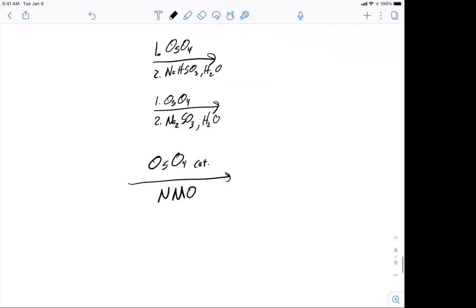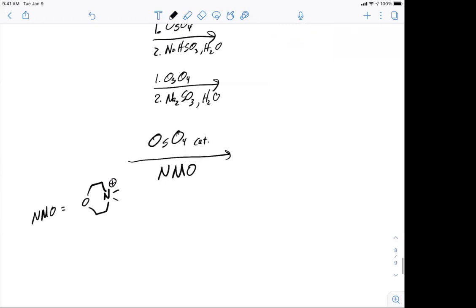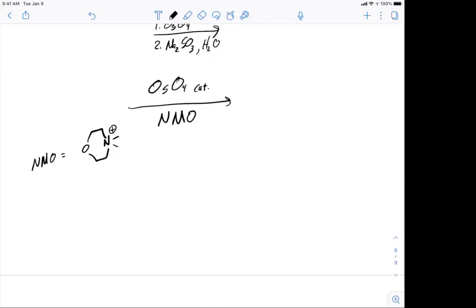And NMO is this molecule, right? What's happening is the NMO is oxidizing the osmium back up, creating the product, but then recreating the osmium tetroxide. So the process is reductive, but the NMO is a mild oxidant.